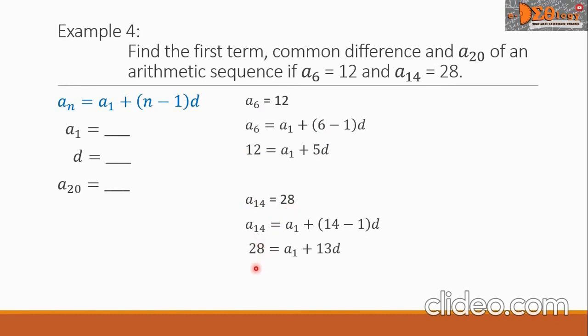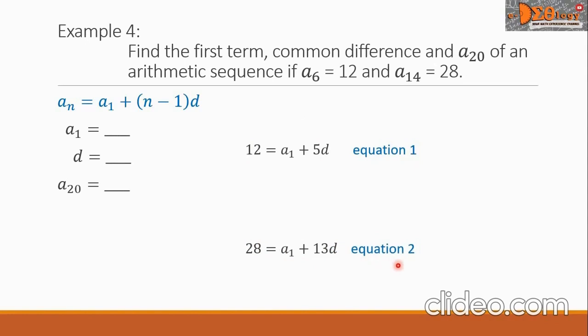So we have now 28 equals a sub 1 plus this 14 minus 1 is 13. Then the d is attached. So 13d. Let us regard this 12 equals a sub 1 plus 5d as equation 1 and 28 equals a sub 1 plus 13d as equation 2.